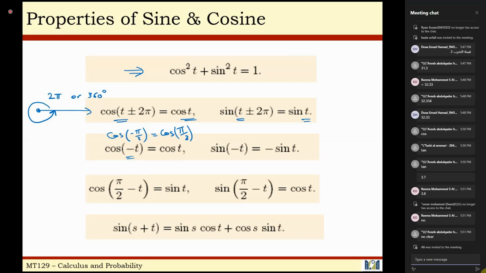But in the sine, if we have a negative angle, we must put the negative outside the sine. For example, sine of minus pi over 3 equals minus sine pi over 3.